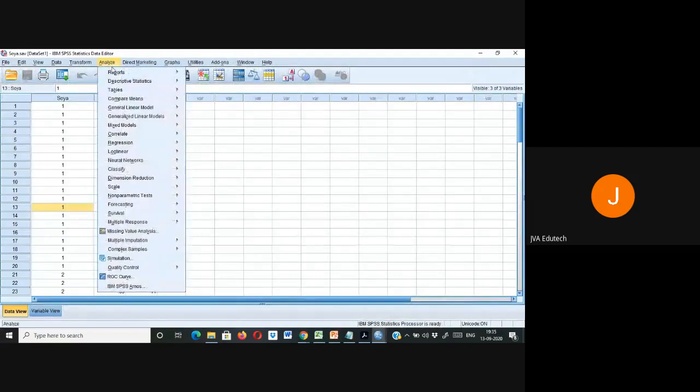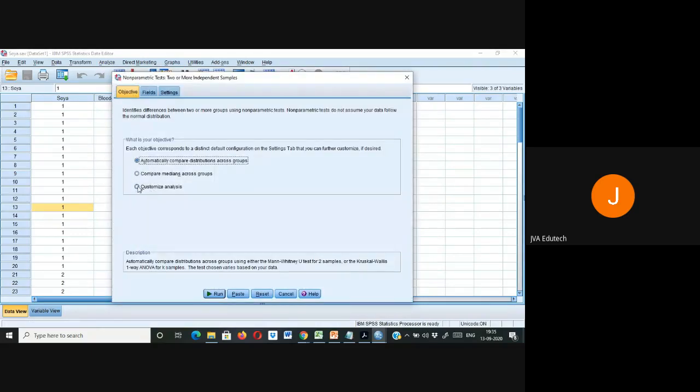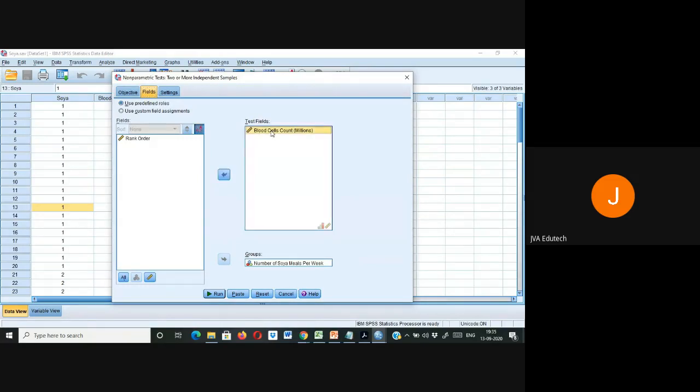For doing the Kruskal-Wallis test, again the same steps: non-parametric test, take the independent samples. Here click customize analysis. In the fields, blood cells count is already there. If use predefined roles, it means SPSS is assigning by itself. So I want you people, rather than relying on the software, to do it by yourself.